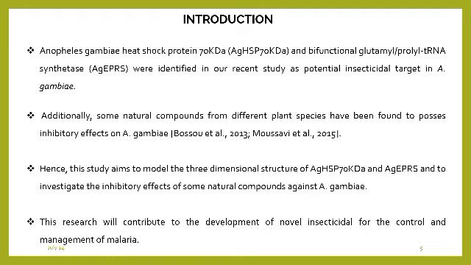Hence, this study aims to model the 3D structure of Anopheles gambiae heat shock protein and the bifunctional glutamyl-prolyl-tRNA synthetase, and to investigate the inhibitory effect of some of these natural compounds against Anopheles gambiae. We believe that this research will contribute to the development of novel insecticides for the control and management of malaria.